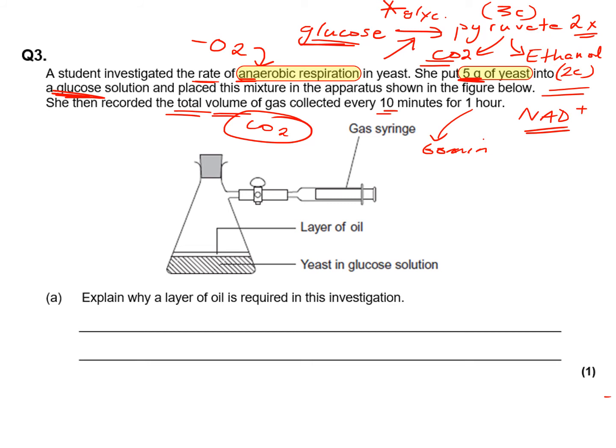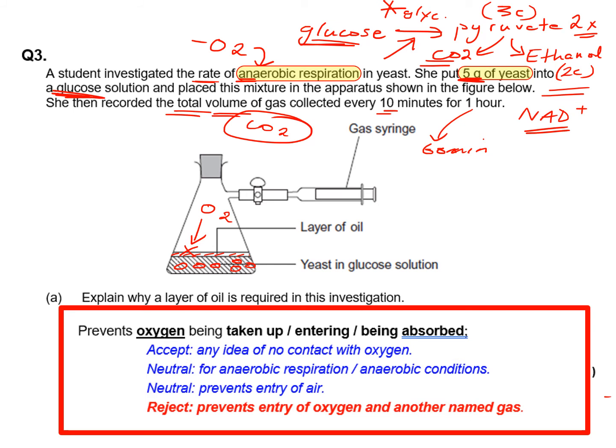So it says, explain why there was a layer of oil in this investigation, which we can see here in red. So the yeast cells are in the mixture with glucose. Now, what you don't want is oxygen getting to the yeast cells. So the layer of oil was basically to stop the oxygen gas getting to the yeast cells, so we could start to investigate the production of CO2 gas through anaerobic respiration.